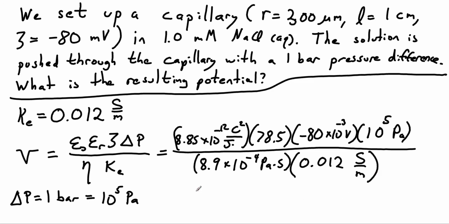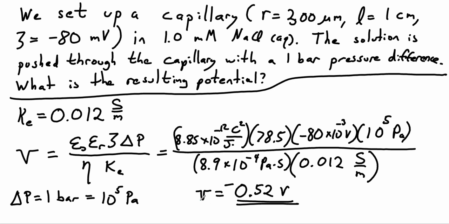Okay, and make sure that as an exercise you go through and verify that this ends up with units of volts. And that comes out to 0.52 volts, so definitely a measurable effect.